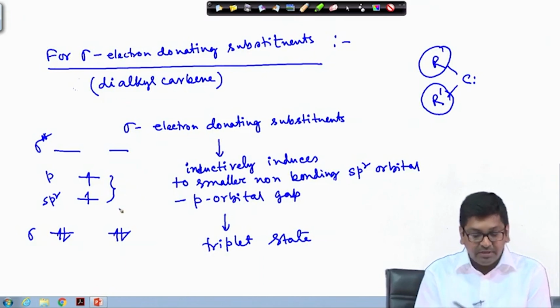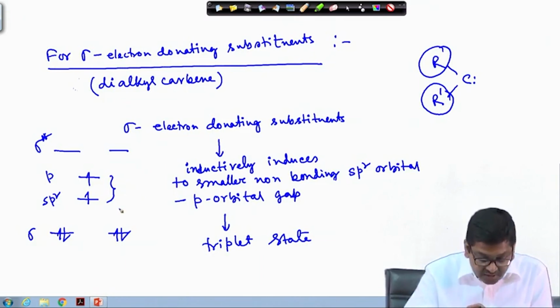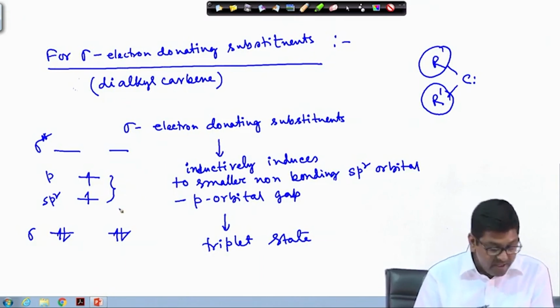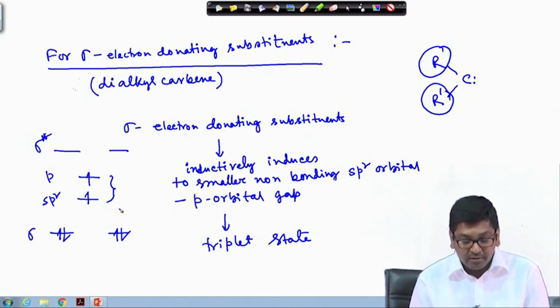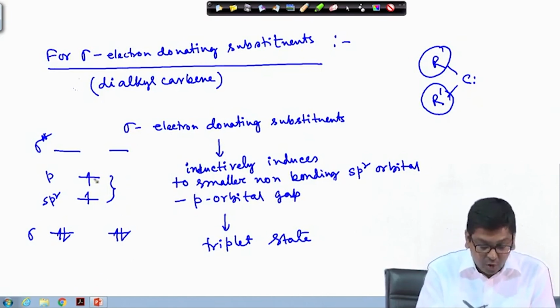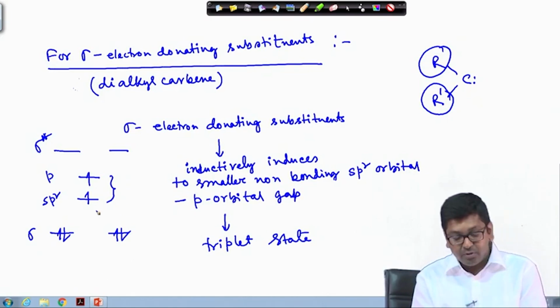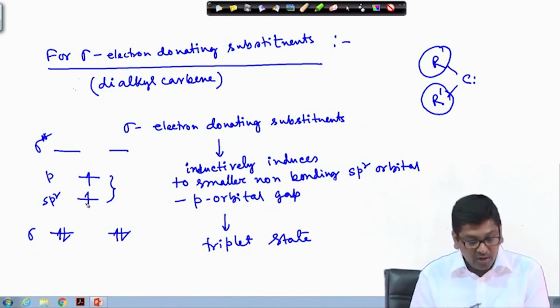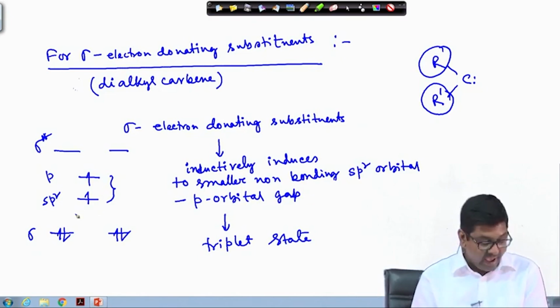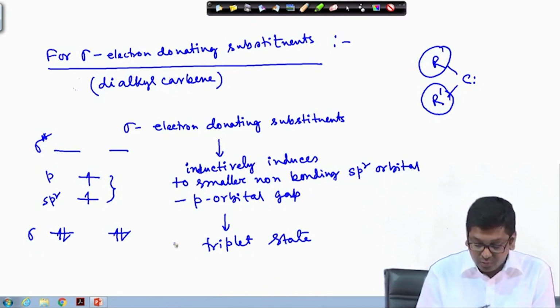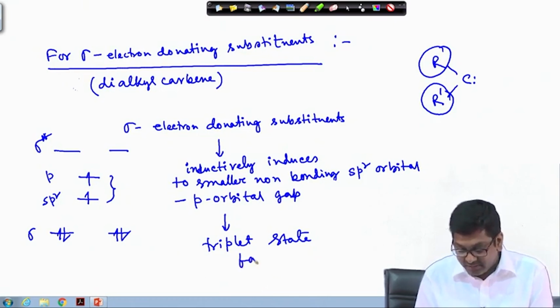Once this energy decreases, obviously this carbene wants to stay in the triplet state, because the energy difference between sp2 and p is now lower. So it will remain in the triplet state. So, triplet state is favored.